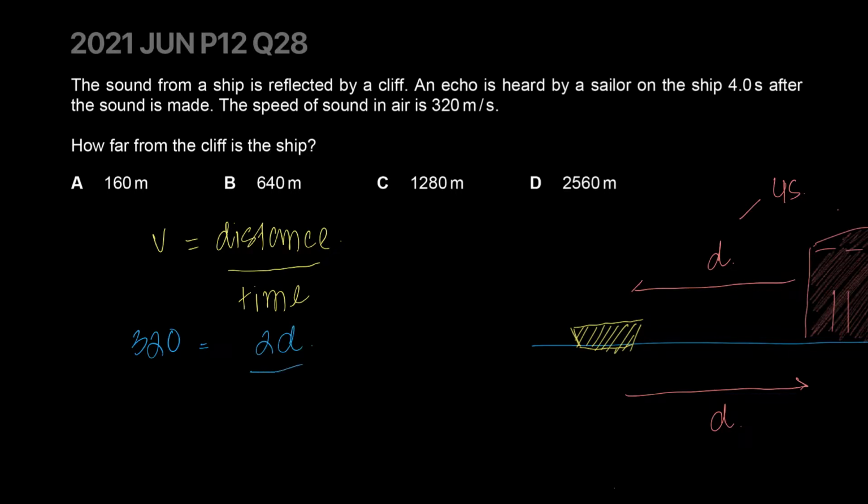Just figured that out, and it just does that in 4 seconds. So simplifying, that's a 1, that's a 2. So we can say that the distance is actually twice of 320, and that's 640 meters. The correct answer is B, and yeah, easy does it.